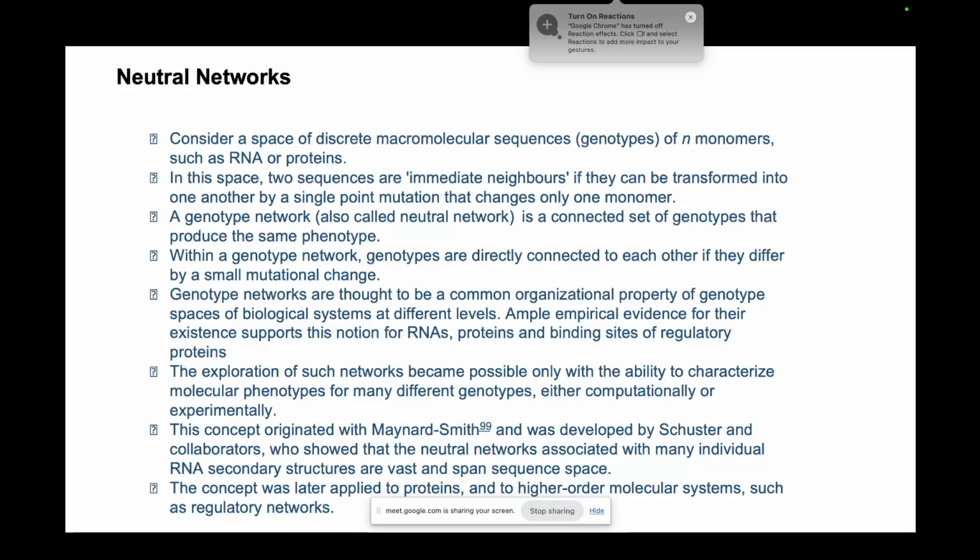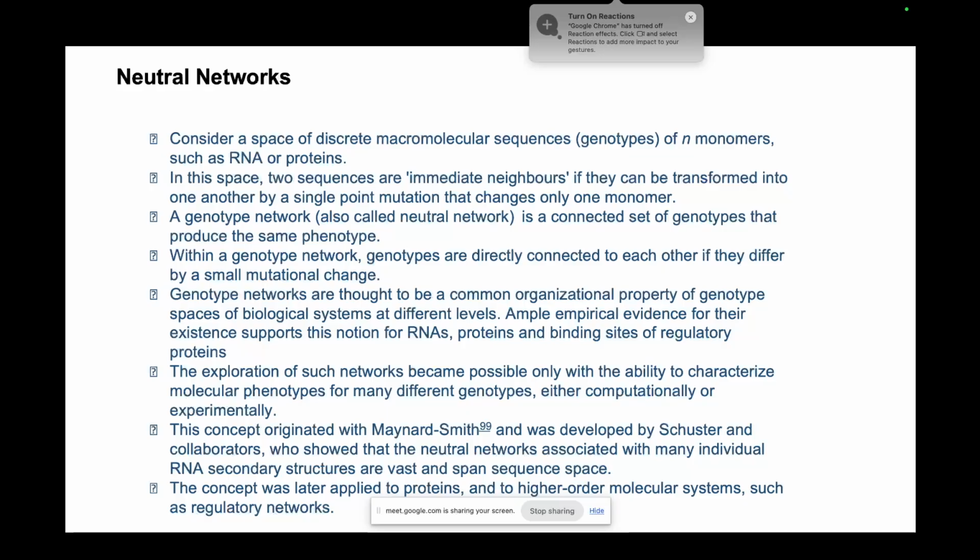Because the difference between the wild type gene and the mutant gene is very minor and not very functional, these can be clubbed together. These are a set of connected genotypes that can produce the same phenotype. That is what a genotype network or a neutral network means.